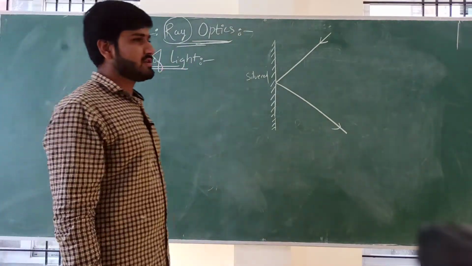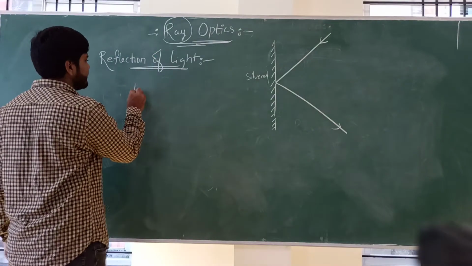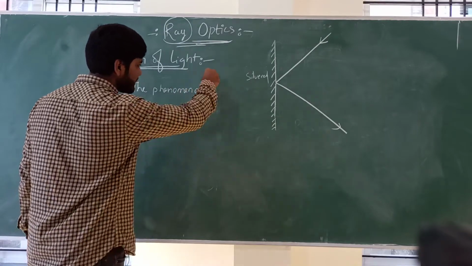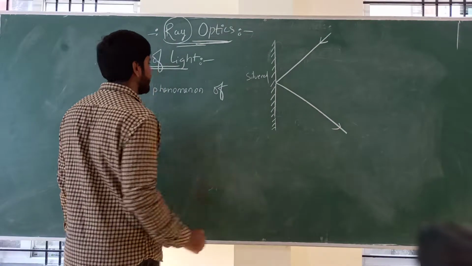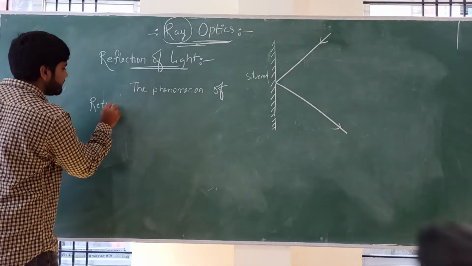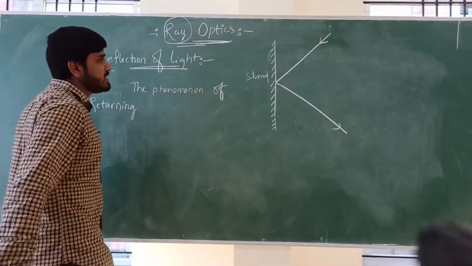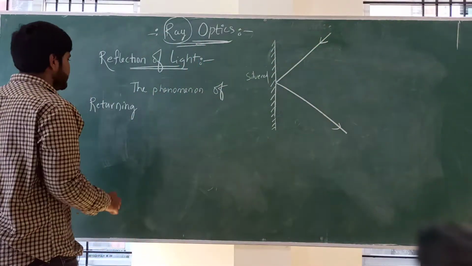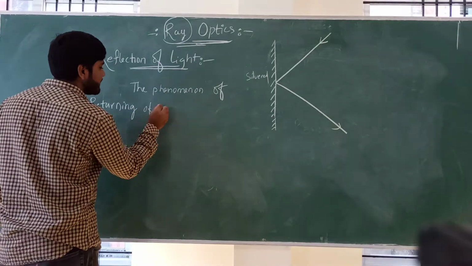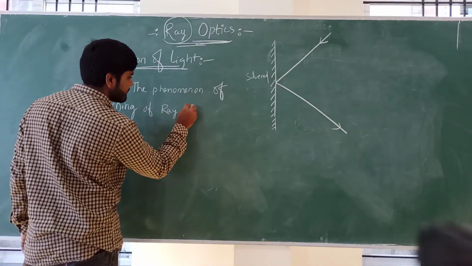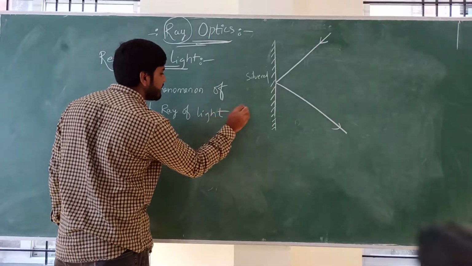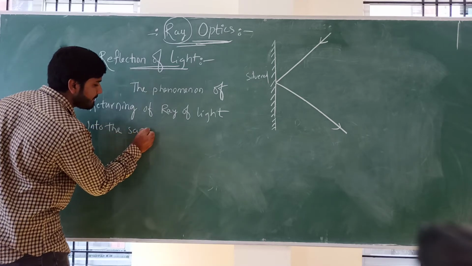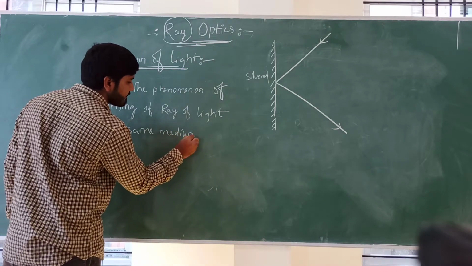So we can define reflection of light as the phenomenon of returning of ray of light into the same medium.